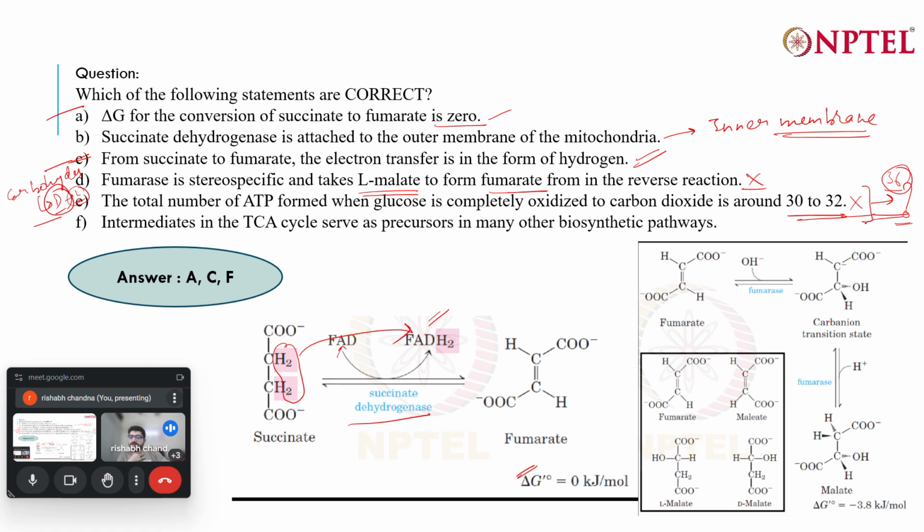Okay, so now moving on to the last option, intermediates in the TCA cycle serve as precursors in many other biosynthetic pathways. Yes, this is a correct answer. So the correct options are A, C, and F. Okay, any doubts in this question?